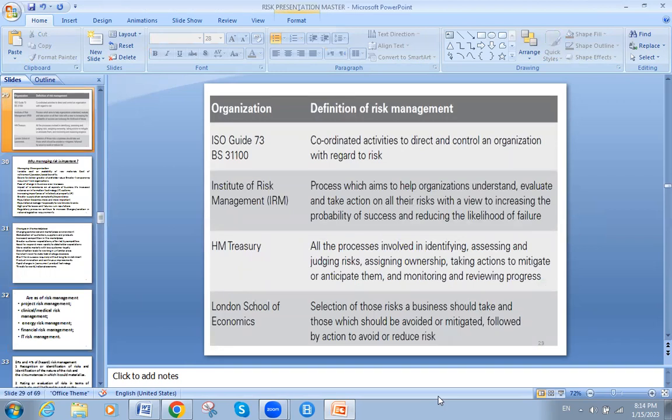Now, the risk management. What are the definitions of the risk management? The first definition here is done by the ISO 73: coordinated activity to direct and control an organization with regard to risk. It didn't say to prevent the risk, but it is to control the risk.